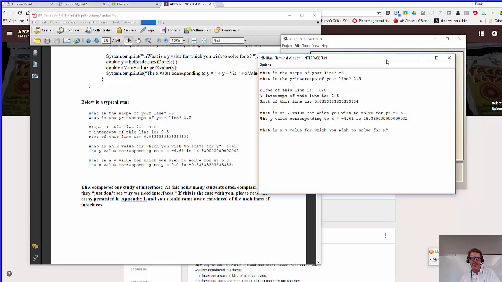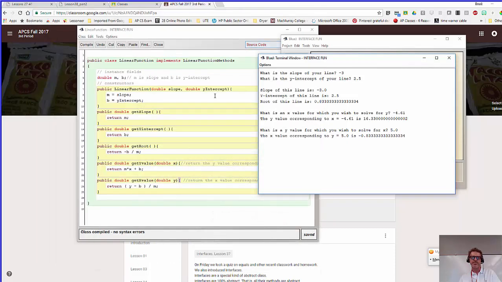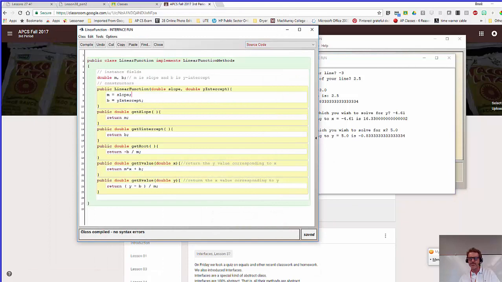Yep, so far so good. Now it's asking for a y value to solve for x. All right. All good. So that's the project at the end of the interface lesson. Practice that tonight.